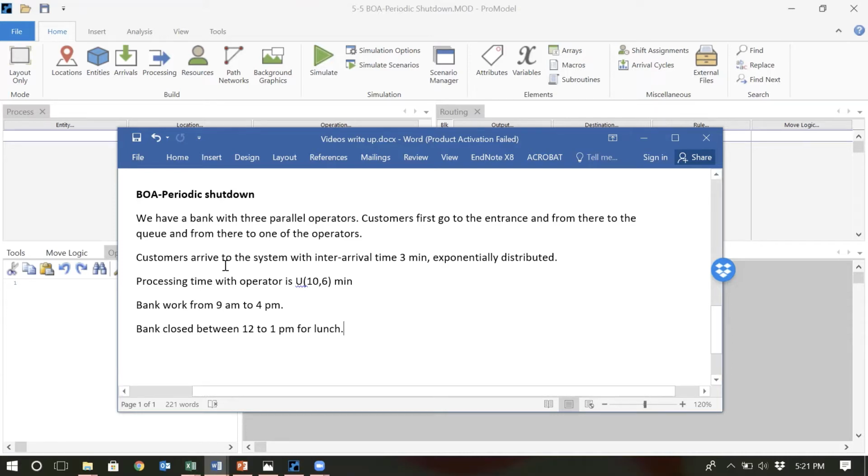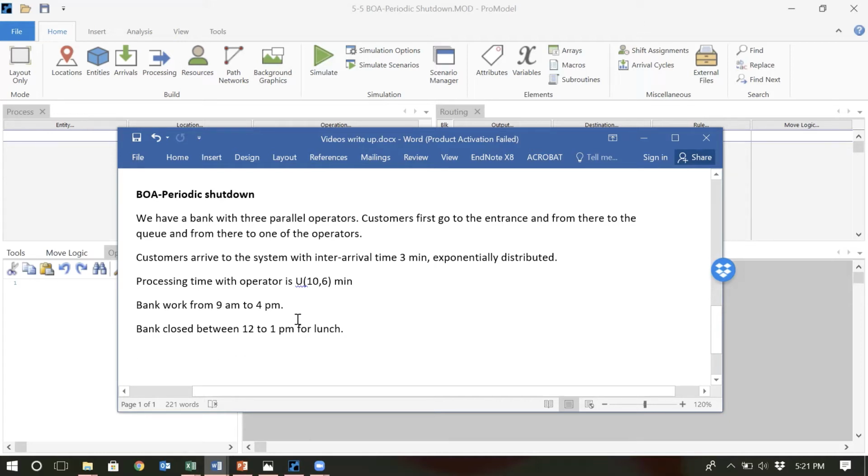Customers come to the system with an inter-arrival time of 3 minutes, exponentially distributed. The time that they spend with the operator is uniformly distributed with average 10 and half-width 6. And the bank works from 9 a.m. to 4 p.m. This is the working hour of the bank.